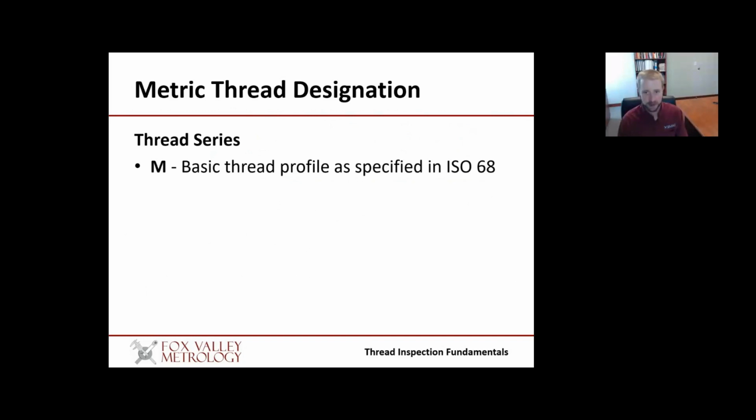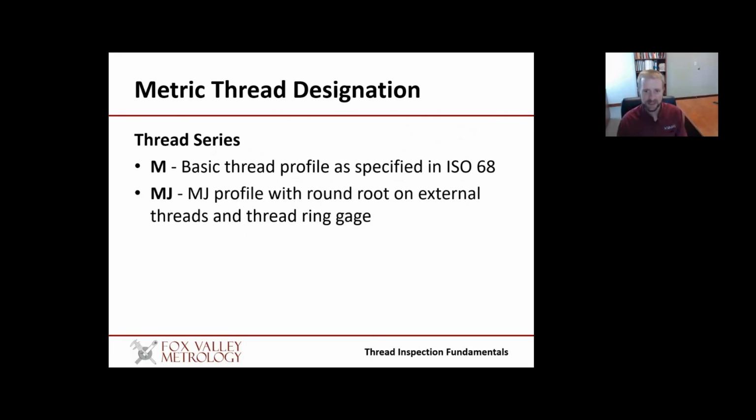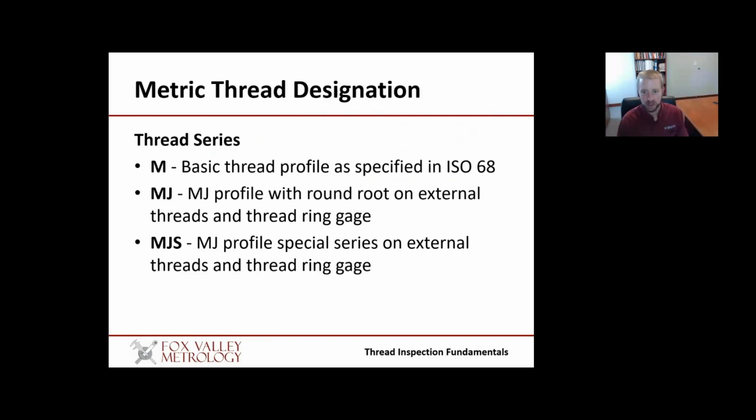The first and most common one is the basic thread profile, as specified in ISO 68. If you're interested in learning more about that, you can head to our website or anywhere on the internet to look up ISO 68 and see some of the specifications called out there. The next is the MJ profile, which is a round root on external threads and thread ring gauges. And then the MJS is very similar to that as well.